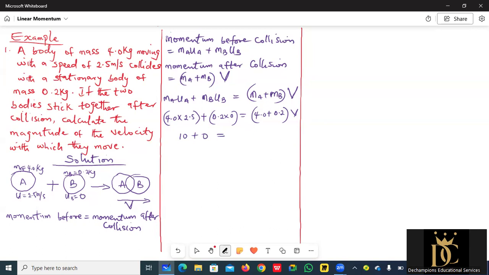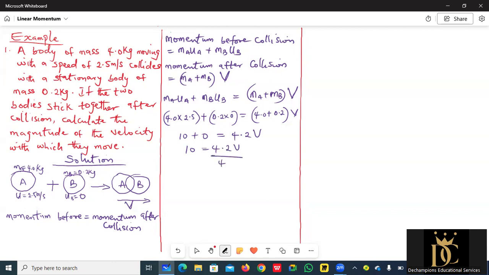So it is equal to, then multiply this, add the masses together, 4.0 plus 0.2, that gives you 4.2 V. So we are asked to find this. That would be 10 equals 4.2 V.